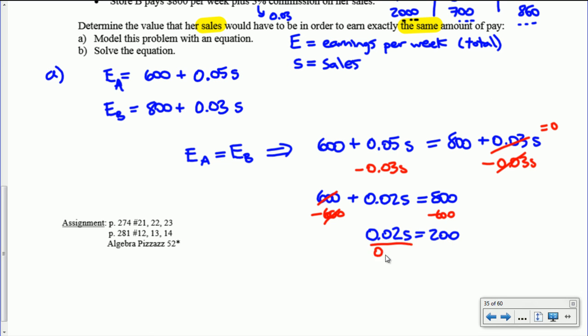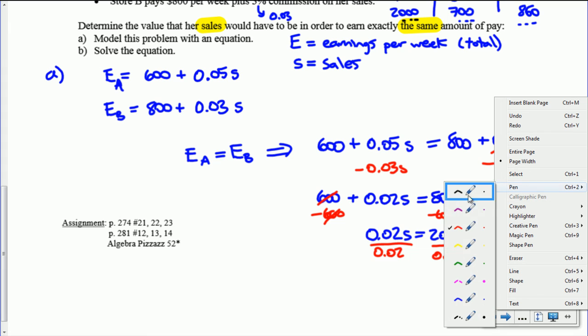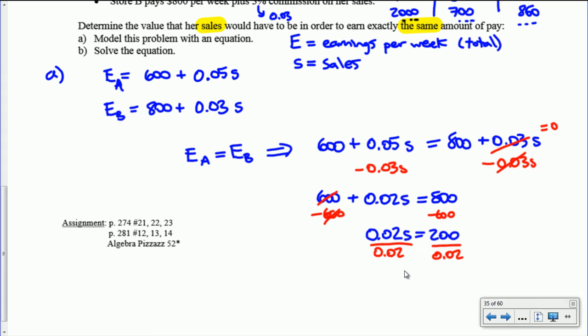So divide by 0.02, divide by 0.02. So on the left, all that remains is just an S, and 200 divided by 0.02 is 10,000. So if you sell $10,000 worth of stuff, you'll make the same at store A and store B.